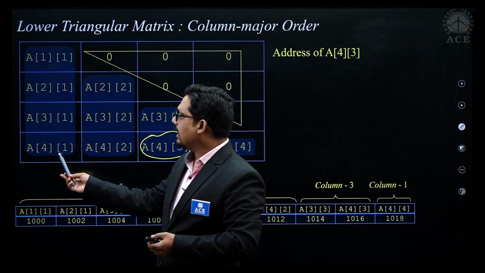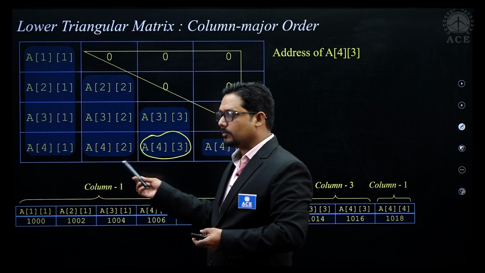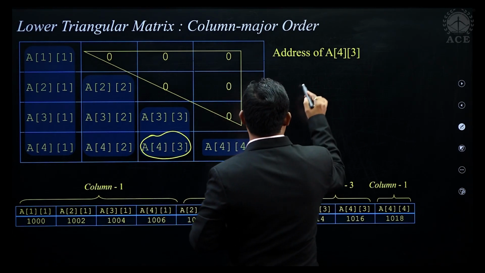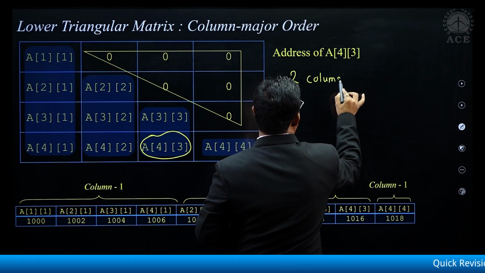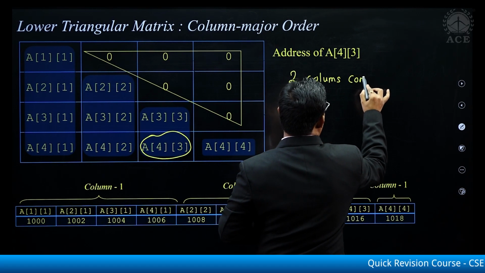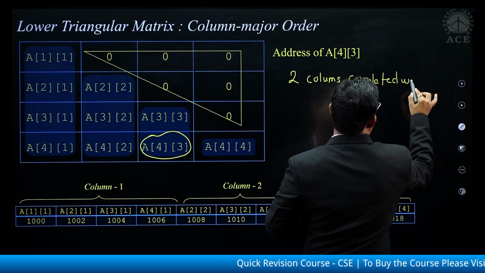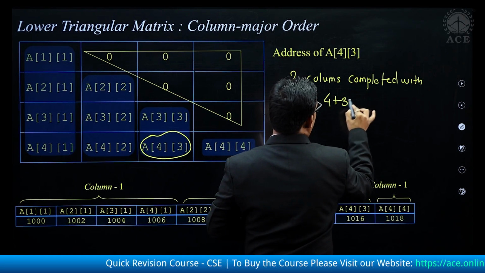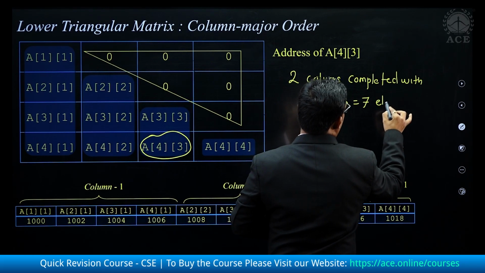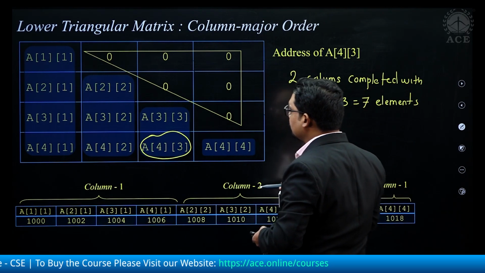There are 4 elements in the first column and 3 elements in the other column, so 2 columns are completed with 4 plus 3, that is 7 elements. That is a manual calculation, 7 elements.